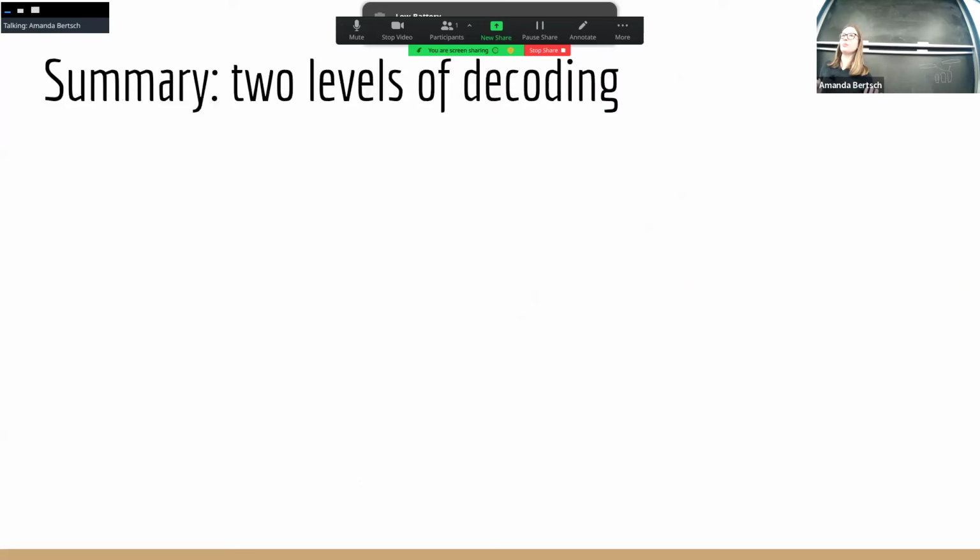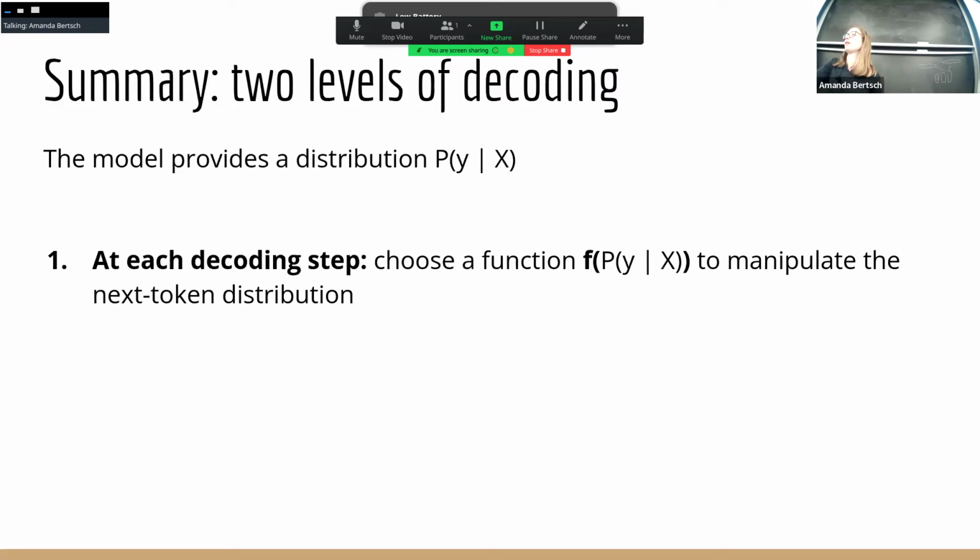So to take a step back as we get to the end of class, there's really two broad categories of methods that we talked about today. Given our initial distribution from the model for a next token, given our input, we can do two different things. We can, at each individual decoding step, choose some kind of function to manipulate this distribution.